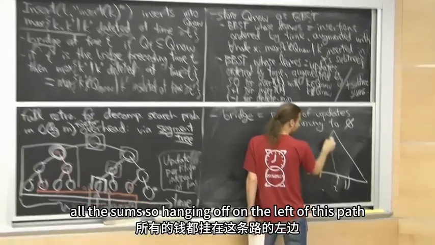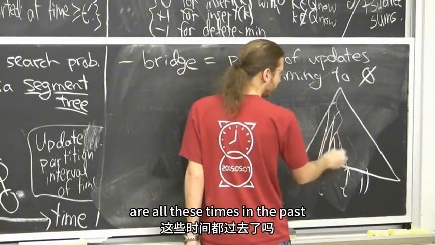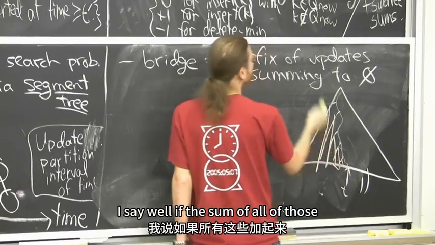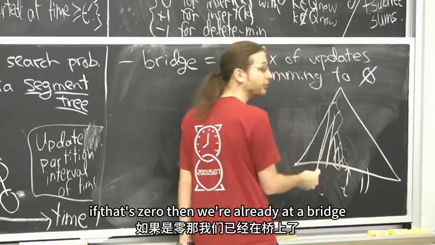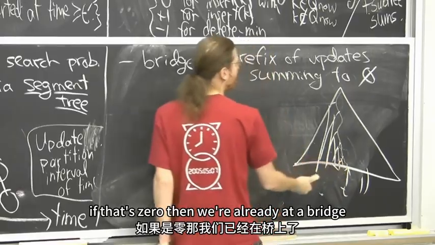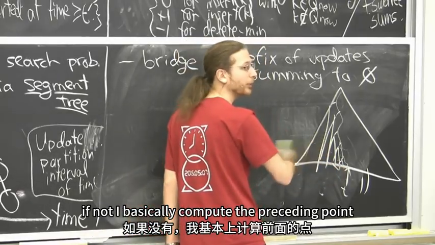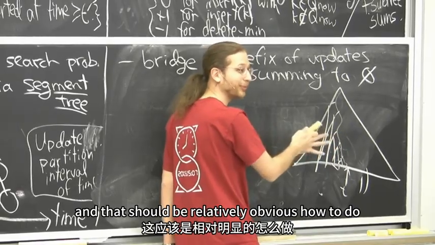So hanging off on the left of this path are all these times in the past. I say, well, if the sum of all of those subtree sums, sum of all the values in those leaves, if that's 0, then we're already at a bridge. If not, I basically compute the preceding point where this sum up to that point is 0. And that should be relatively obvious how to do.